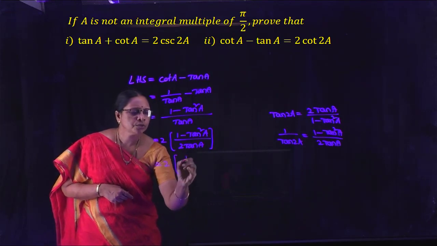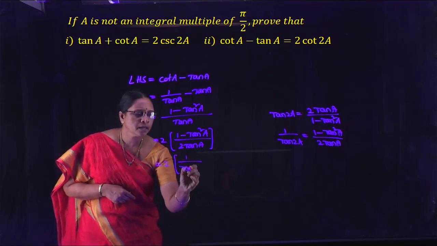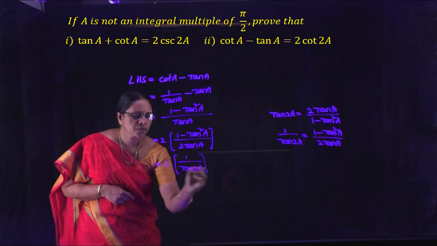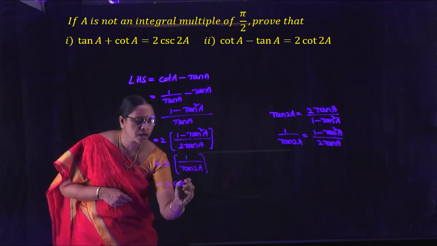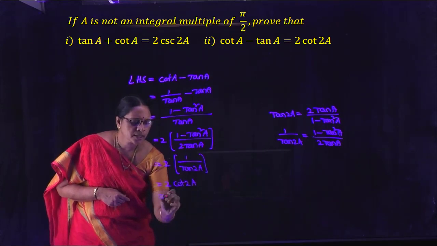Here 2 into 1 by tan 2A, and 1 by tan 2A is cot 2A, that is RHS.